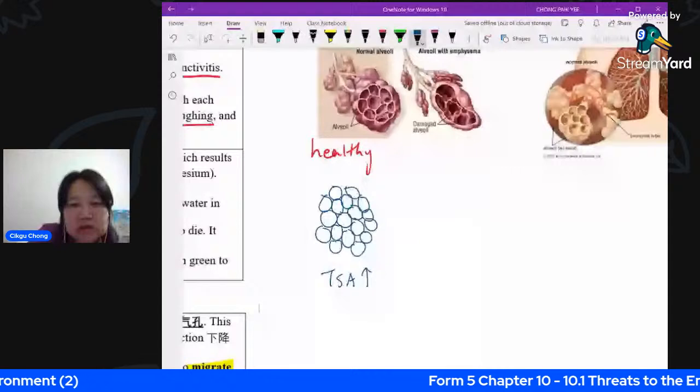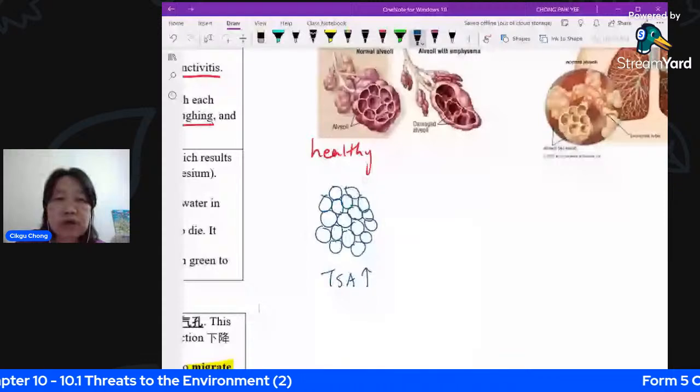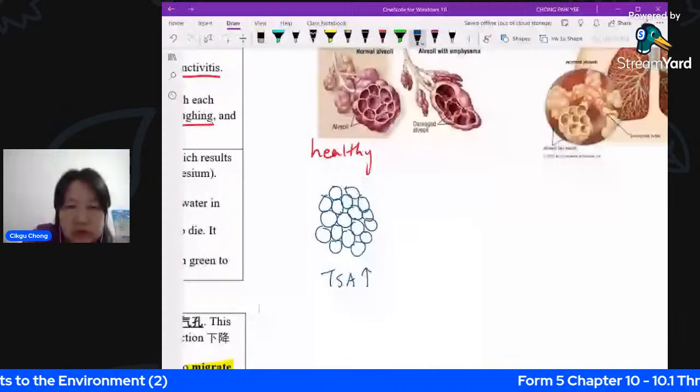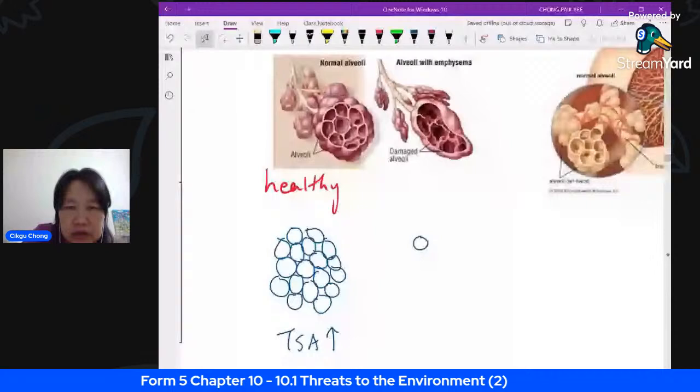But emphysema is a condition where the surfaces inside here are much less. For example, if I were to draw the same thing, let's say this is here. Smoking also causes emphysema, because when you breathe in the smoke, it also contains acidic substances.